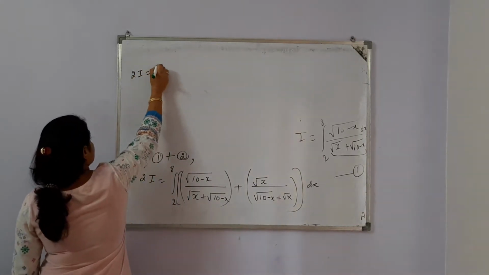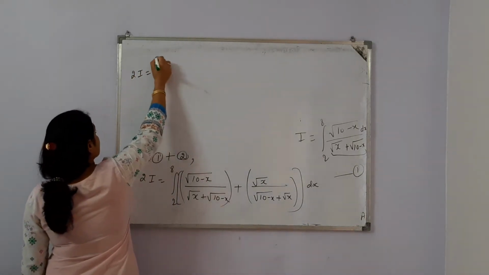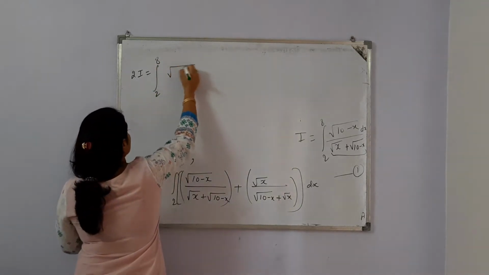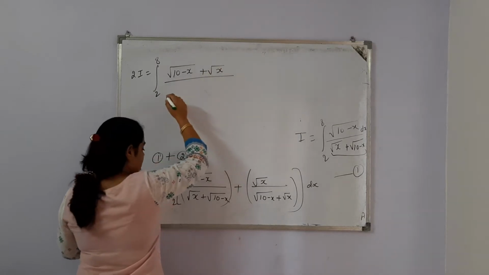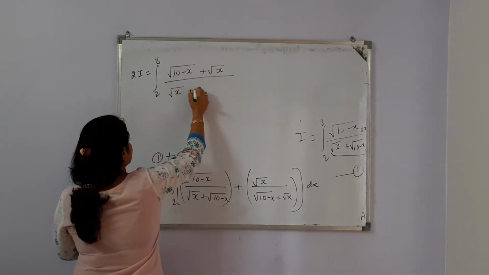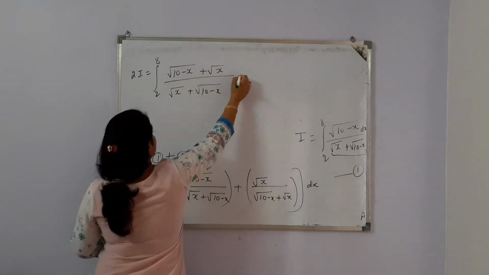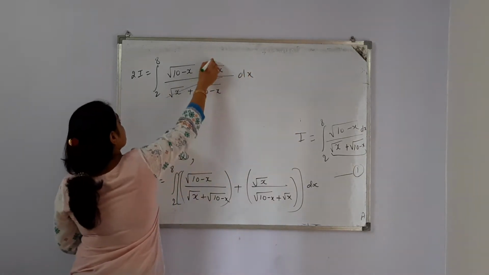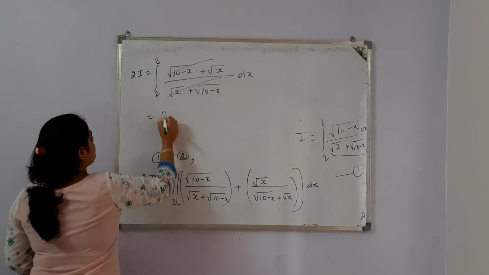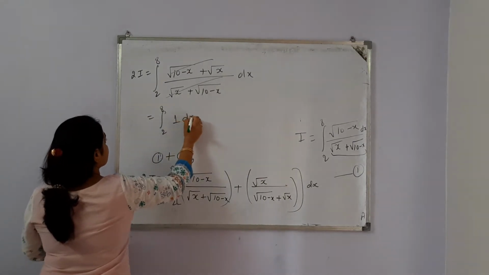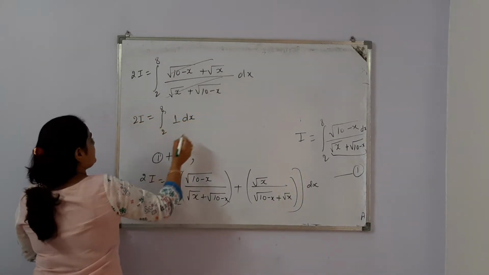I equals, limits are 2 to 8, under root 10 minus x plus x whole upon root x plus 10 minus x. So both the terms are the same, we can cut them out and we get 1, 2 to 8, 1 dx, and here it is 2i.